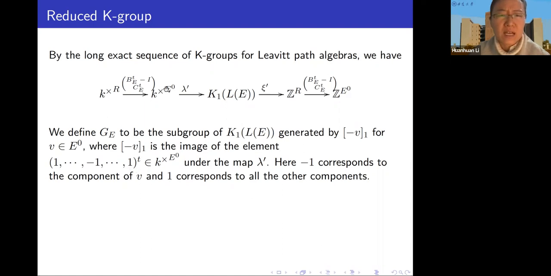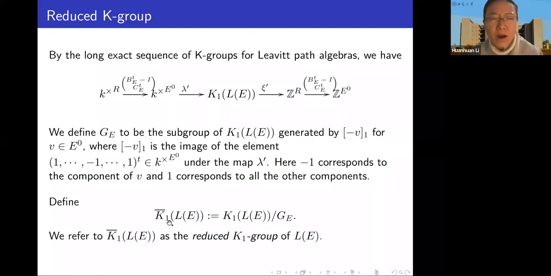We know this is an element in this group, and it has an image under lambda prime. We denote it by -v1 here. We use these elements to generate a subgroup of K1, and we denote it by DE. Then we define K1 bar of the Leavitt path algebra as K1 quotient by this subgroup DE. This group we call the reduced K1 group.